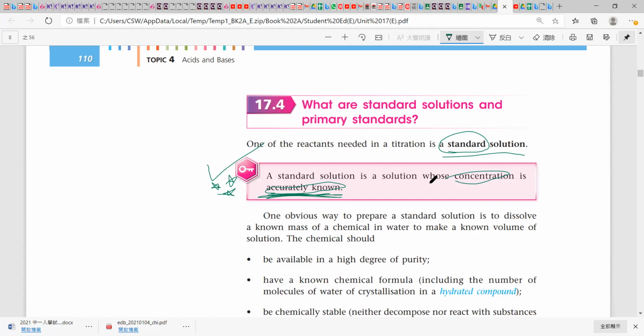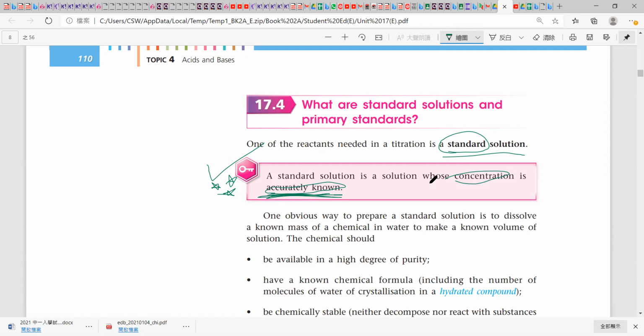Now, first of all, you need to think of 2 ways, right? Solution, you need solute. And second, you need solvent, right? But of course, finally, what we are relating to is solution. So for chemists, we are so lazy to tackle all those. We just focus on solute and solution only.